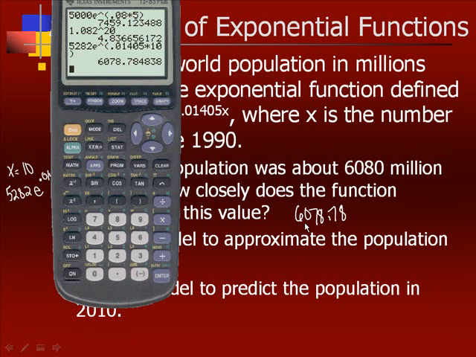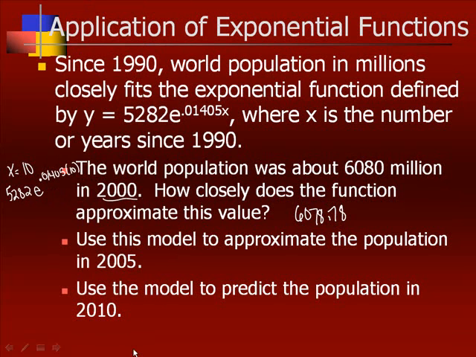That was based on the formula, whereas actually it was about 6,080 million. So we're pretty close, within 1.5 million.